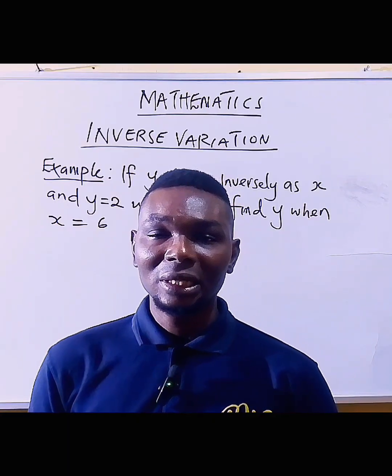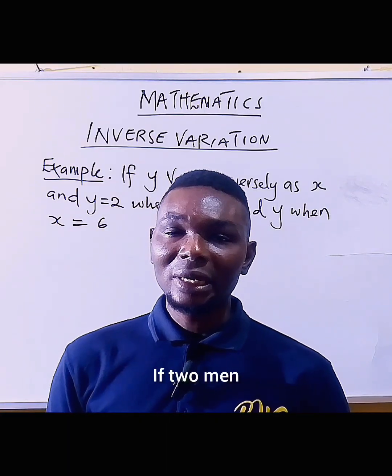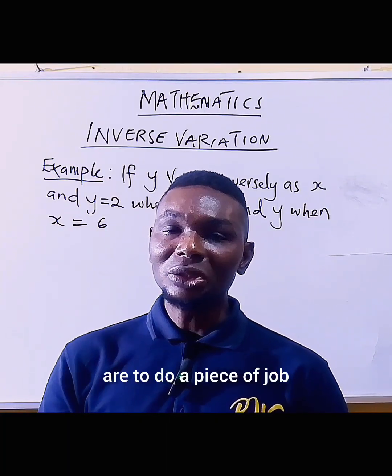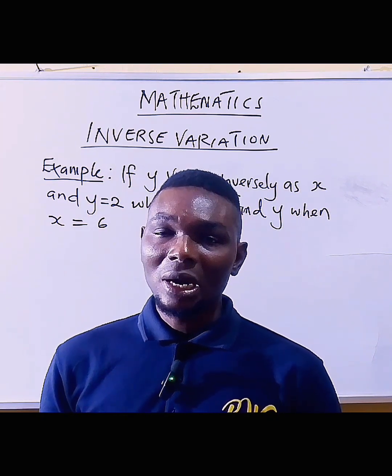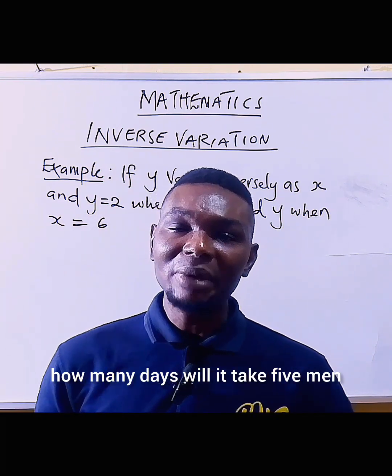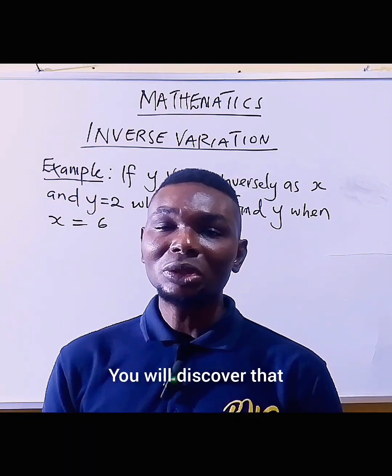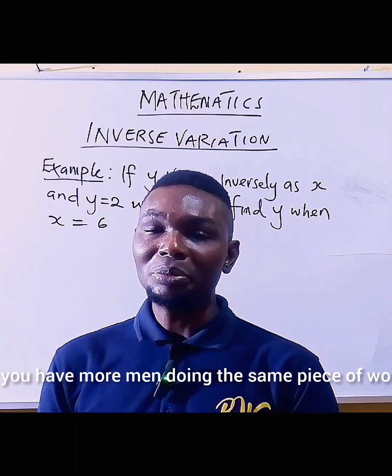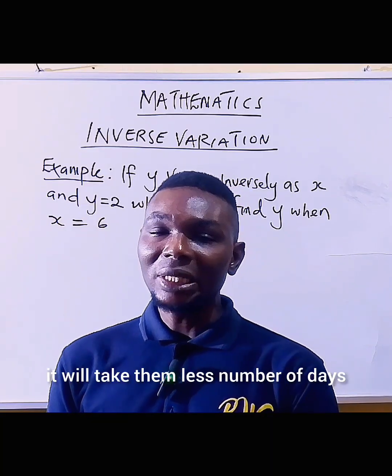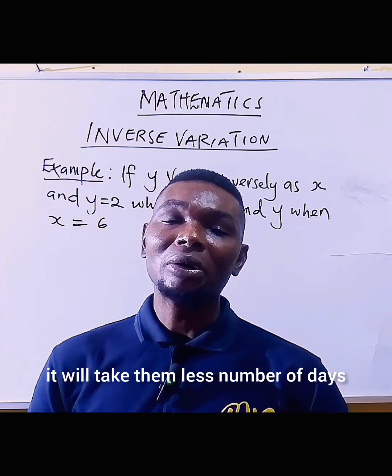For instance, if two men are to do a piece of job for 4 days, how many days will it take 5 men? You will discover that if you have more men doing the same piece of work, it will take them fewer days.